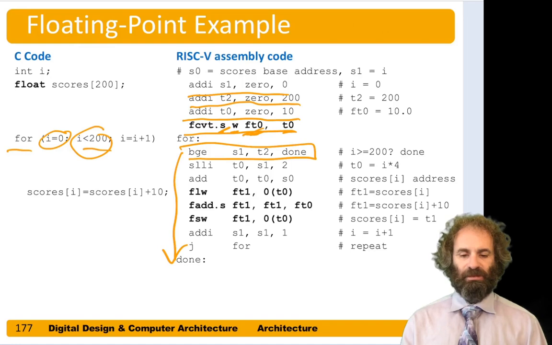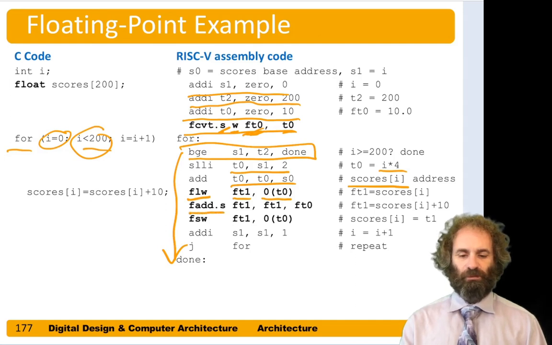And to do the body, we need to find the address to read from. So we'll take I and multiply it by 4 by shifting left, and then add it to the base address, and that will give us the address of scores of I. Then we'll do a floating point load word from that address into floating point temporary register 1.